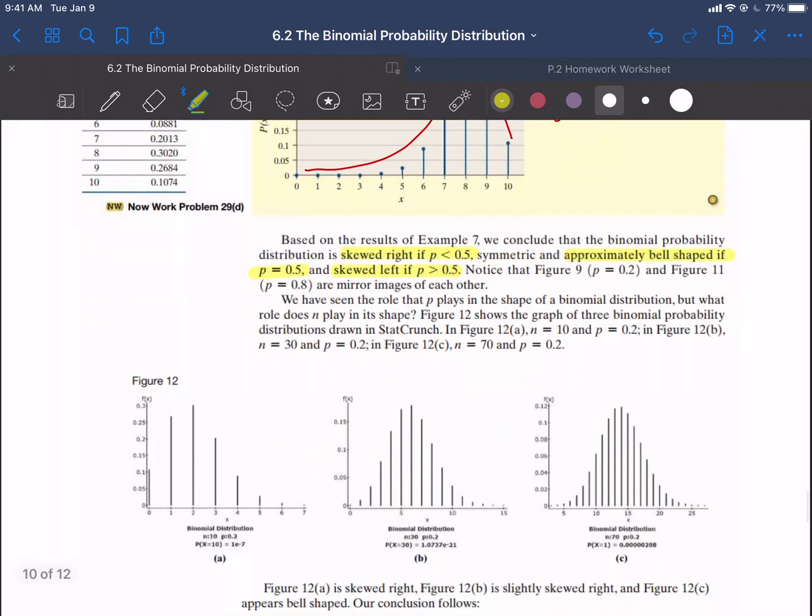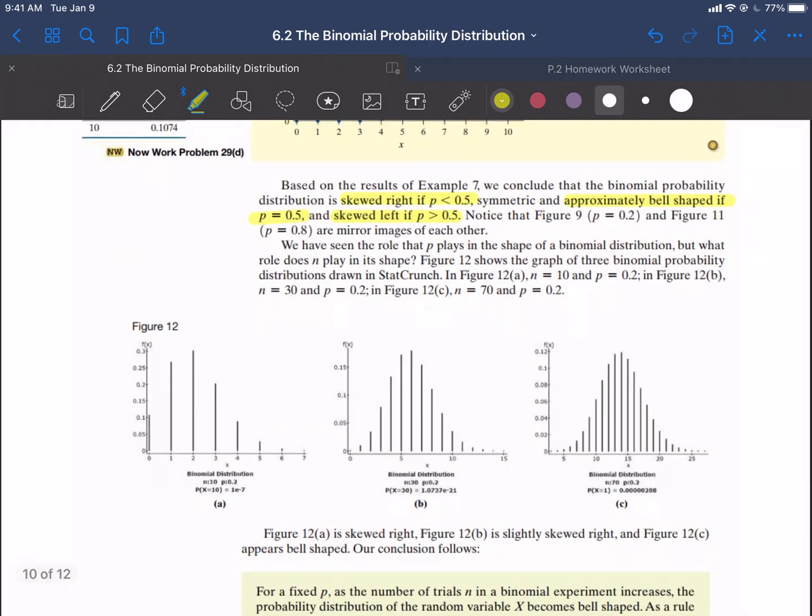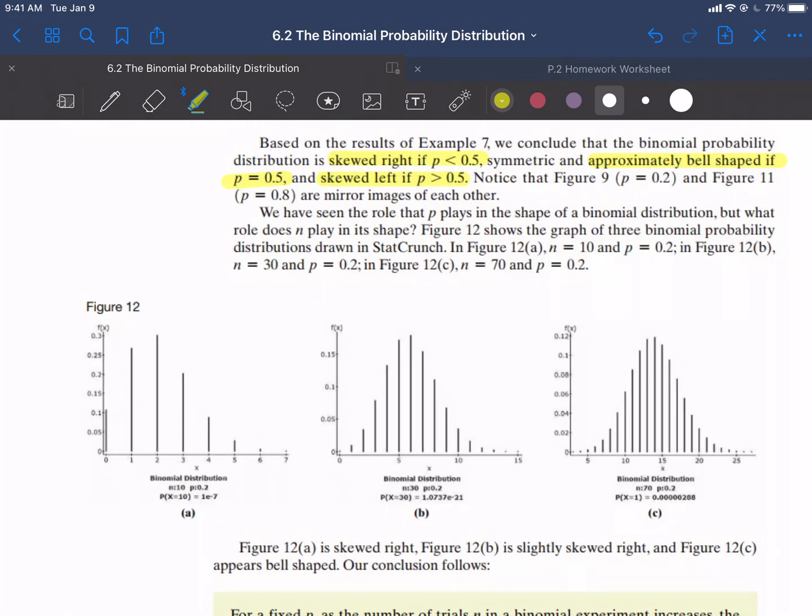So that's kind of the role that probability plays for a specific number of trials. If we look down here in figure 12, it might be a little hard to see, but now our n value is changing. We have probability of success 0.2 with n being 10. Now n is 30. Now n is 70.